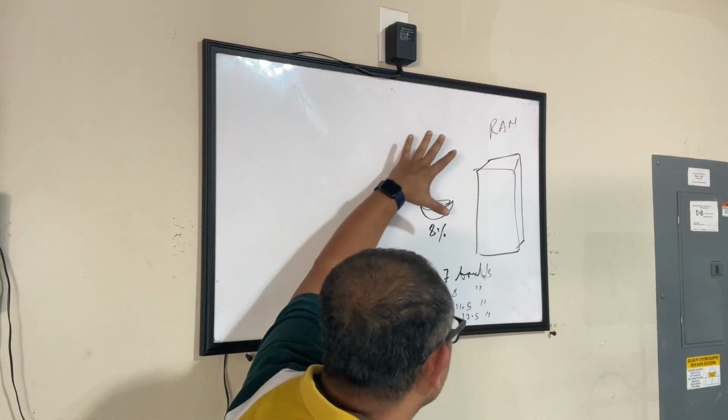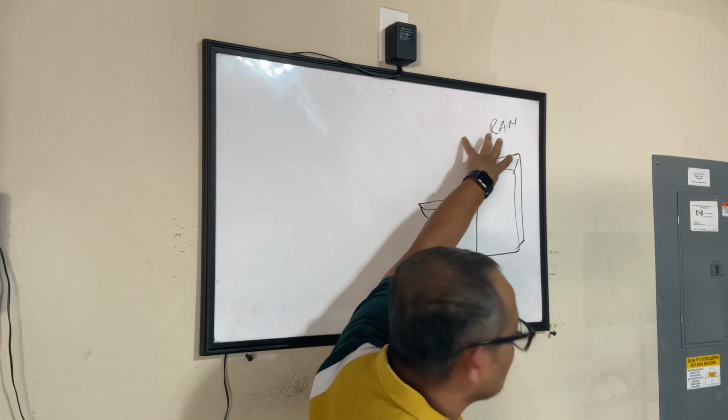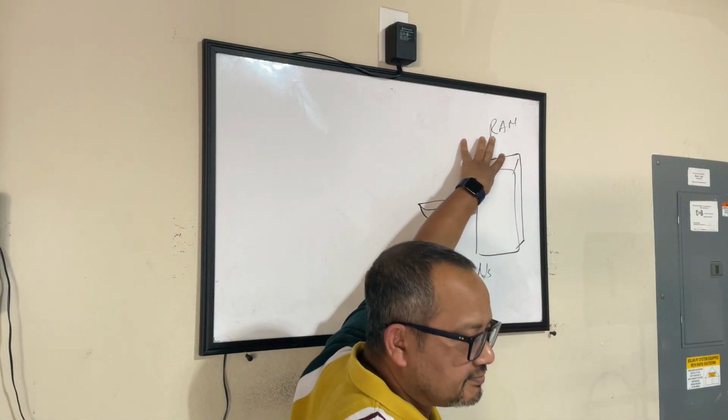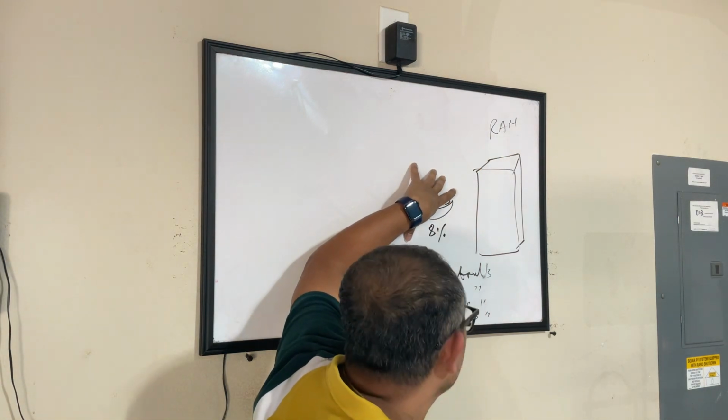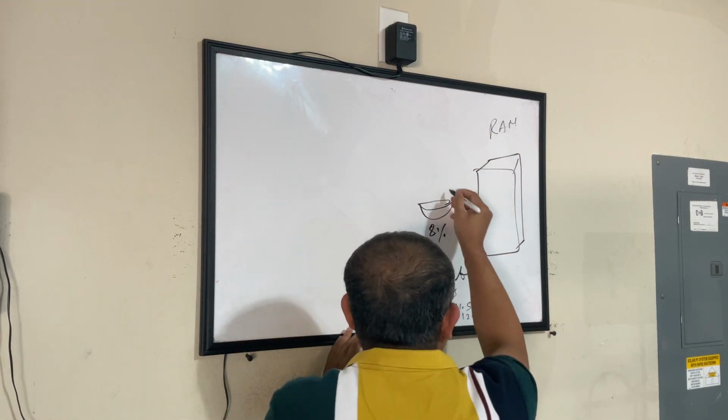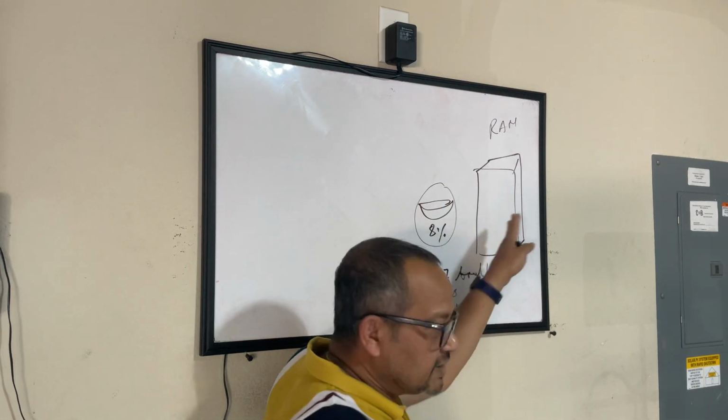So the question says, somebody opened a new cereal box and ate 1 bowl of cereal from the box, which was approximately 8%. 1 bowl was 8%.